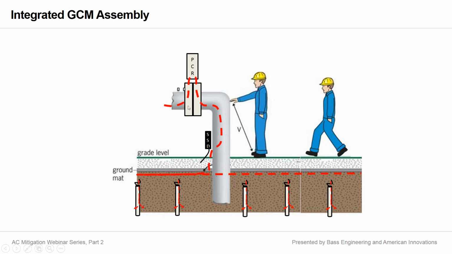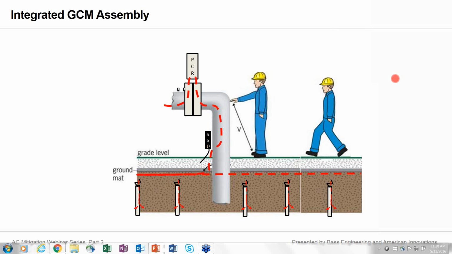In addition, what we're trying to show you here is a flange installation kit that would be associated with a typical insulation point. So we're using a decoupling device here, the PCR, to offer protection to the isolation kit.